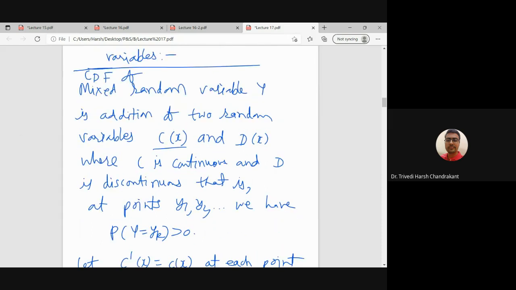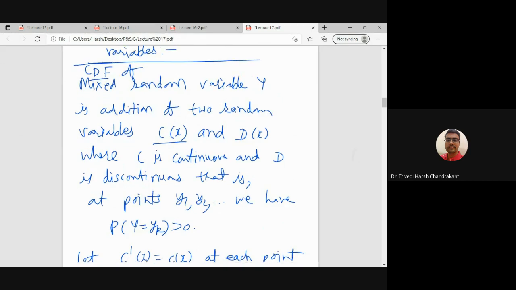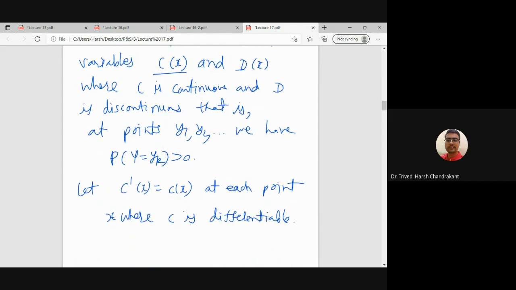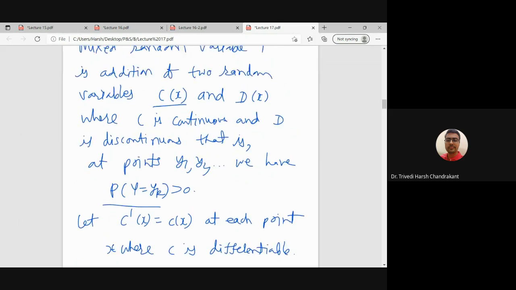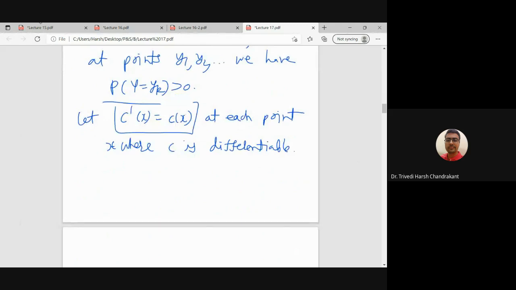Capital Cx is the CDF of a random variable Y. Y has two parts, Cx and Dx, right? The CDF of Y has two parts. One is a continuous part, the other is a discontinuous part. At points where it is discontinuous, the probability mass function is positive. Where it is continuous and differentiable, this is a derivative of the CDF, so that is a density function, right? That is a density function at continuous points where it is differentiable.